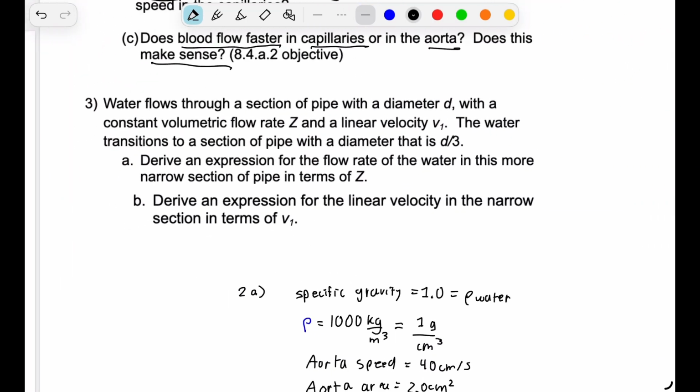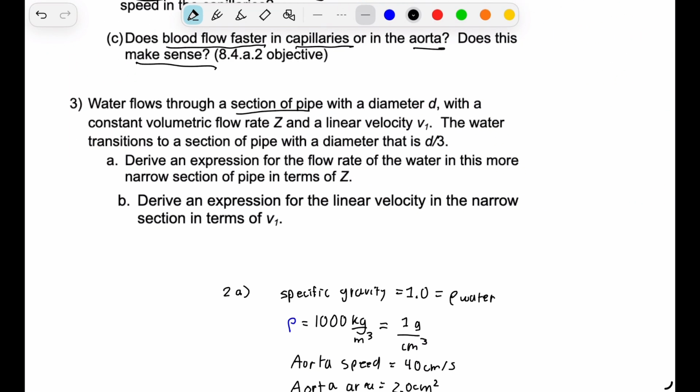For question 3, water flows through a section of a pipe with a diameter d, with a constant volumetric flow rate z, and a linear velocity v1. The water transitions to a section of pipe with a diameter that is d divided by 3. Derive an expression for the flow rate of the water in this more narrow section of pipe in terms of z.